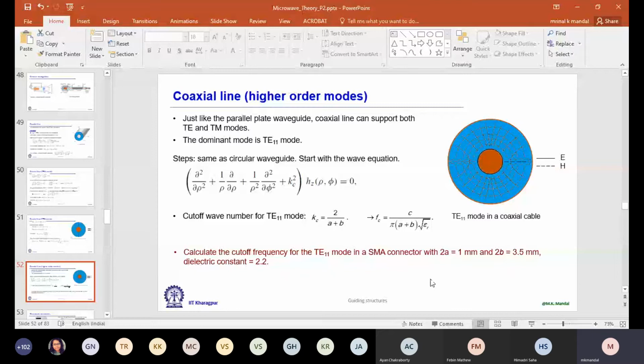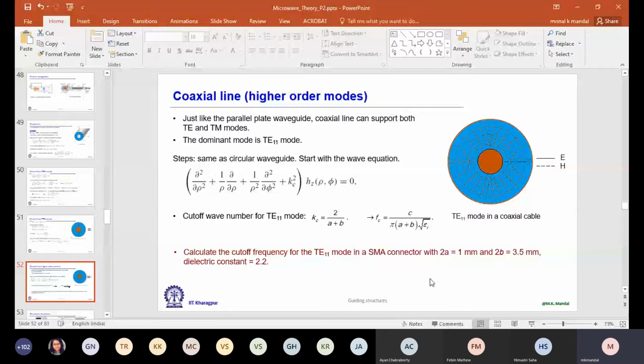So we use that cable till 18 gigahertz because we don't want two modes to propagate simultaneously. Now you know the reason why all the coaxial cables have a frequency limitation. It comes from the appearance of the next higher order mode, which is TE11.